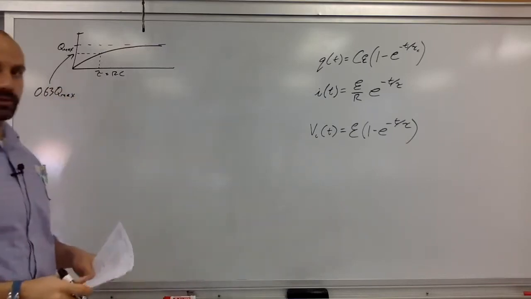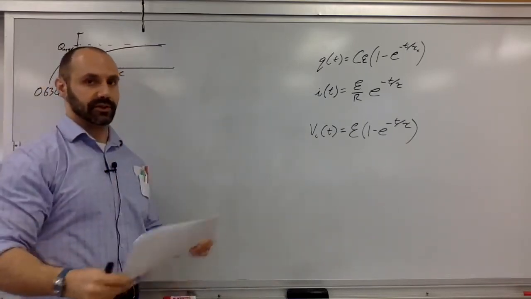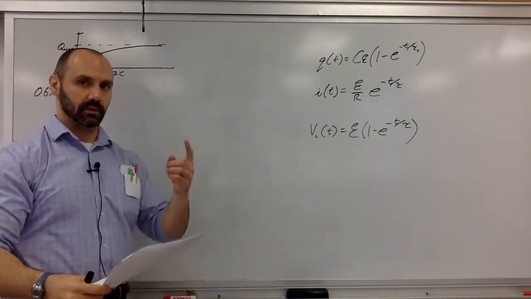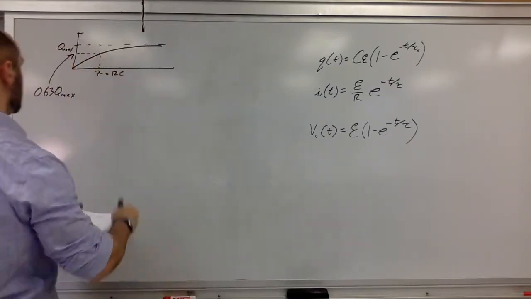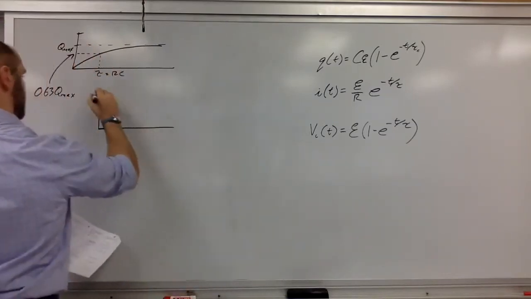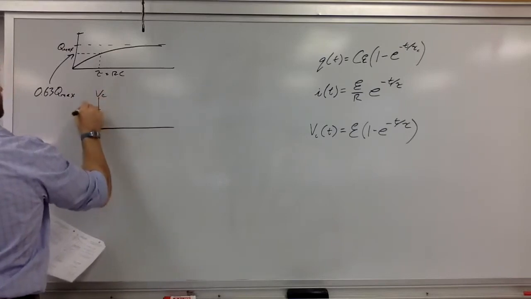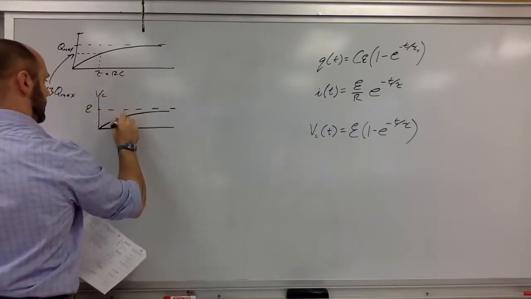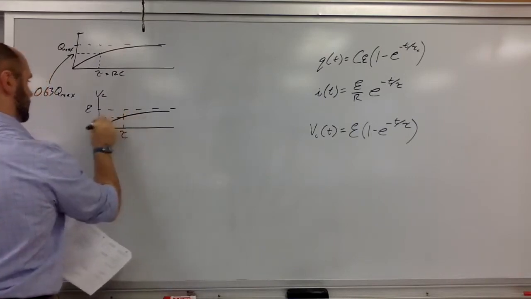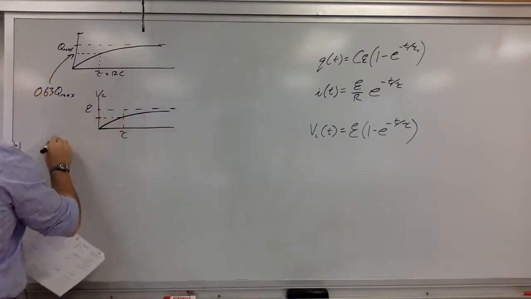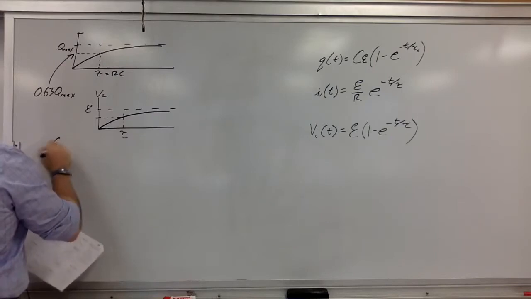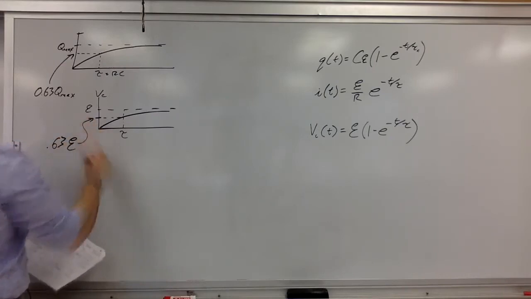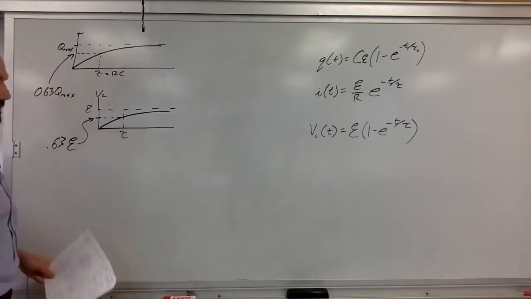So in one time constant, if something is going up, it reaches 63% of that maximum value. For the voltage on the capacitor, this is the EMF, so that's what it's approaching. Then, after one time constant, also it's at 63% of that maximum value.